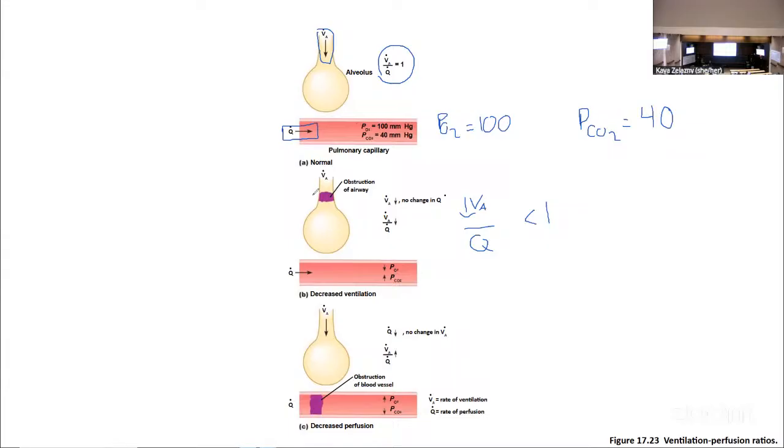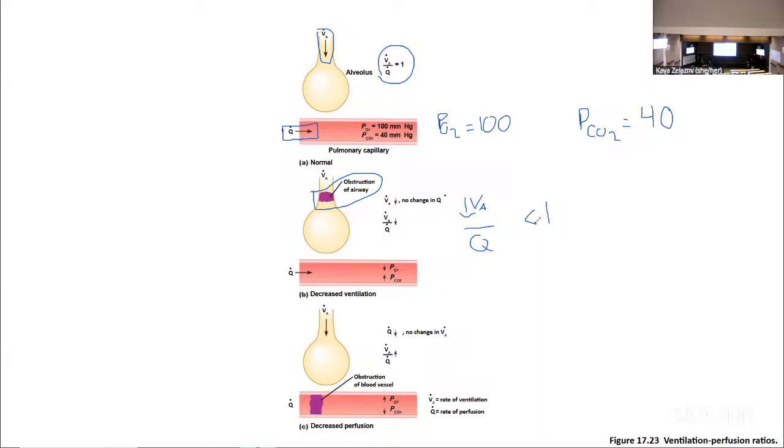This is because we see something blocking our airway to some degree. It doesn't have to be complete. It might just be a change in radius, a lesser change in airflow, but we'd see this ratio below 1.